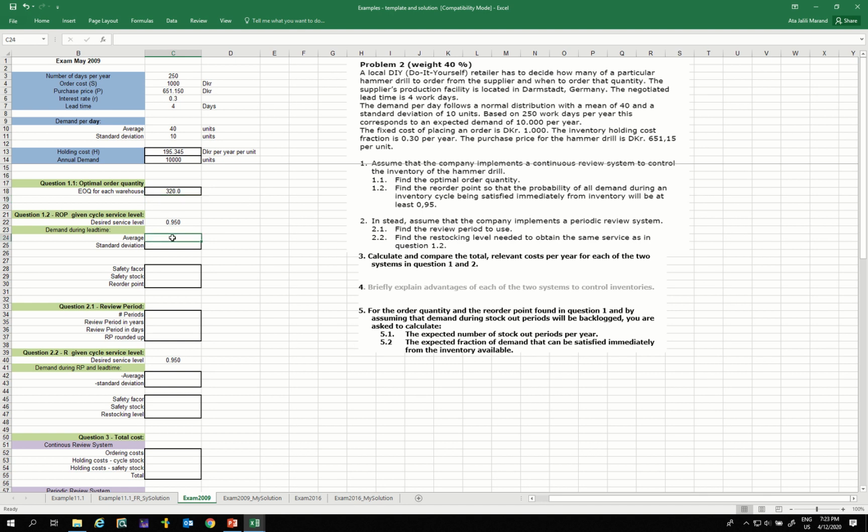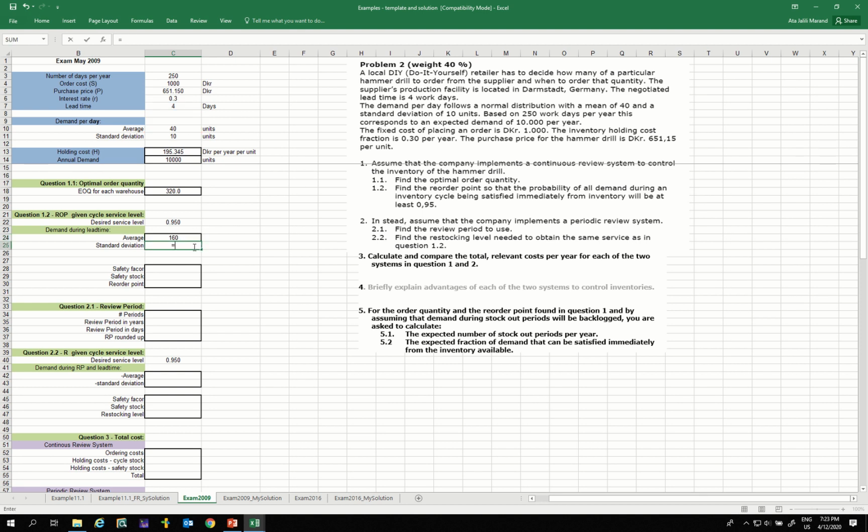So in the next part of question 1, we need to calculate the reorder point for a cycle service level equal to 95%. To do so, we need to calculate the average and standard deviation of demand during lead time. For the average, we have lead time multiplied by the average daily demand, which is 160.